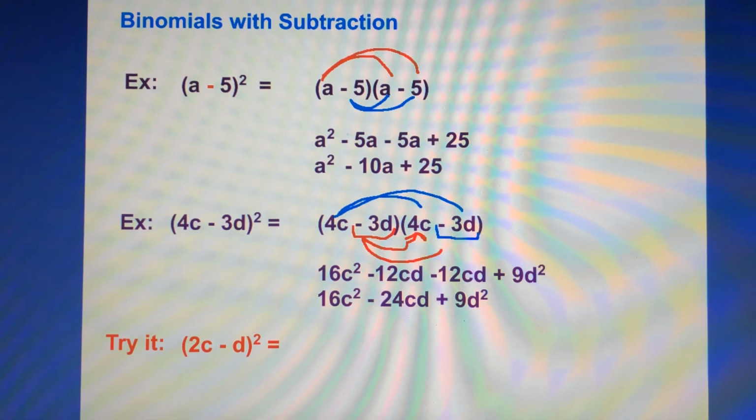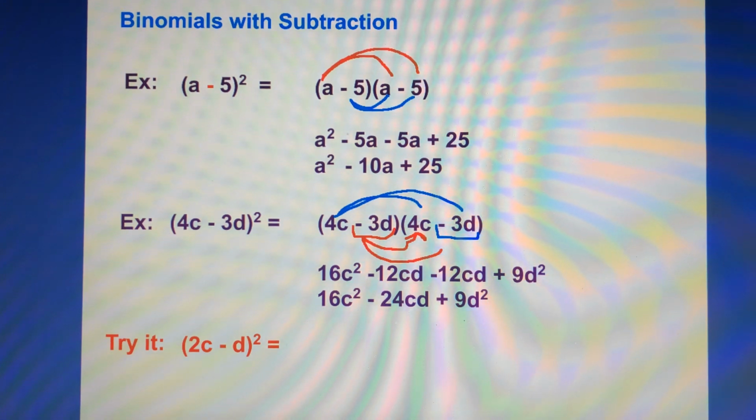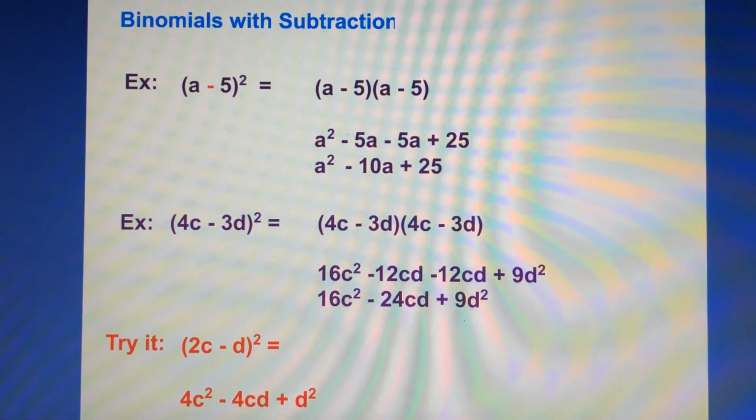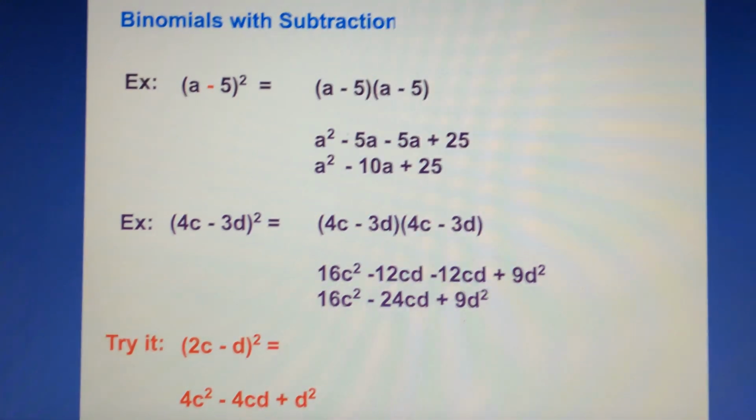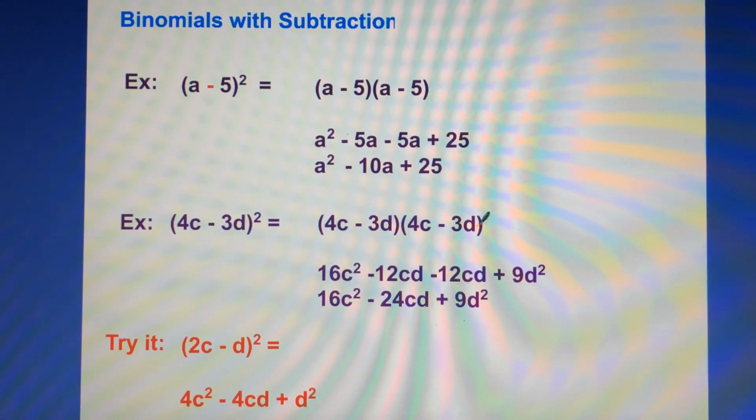Please pause your screen and attempt it. Hopefully we all got 4c squared minus 4cd plus d squared. If you didn't, go back and look at the two examples that I have above until you understand them.